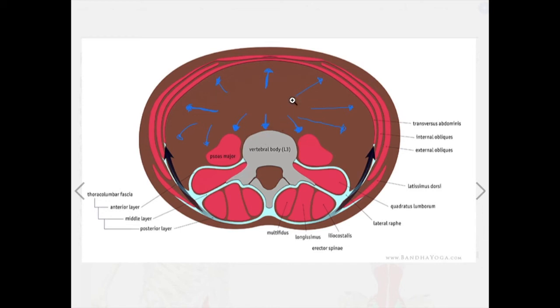This pressure also stretches the transversus abdominis, and lengthening of transversus abdominis in turn tightens the thoracolumbar fascia by pulling on it from both sides. Tensioning the thoracolumbar fascia provides the force that pushes the spine forward.